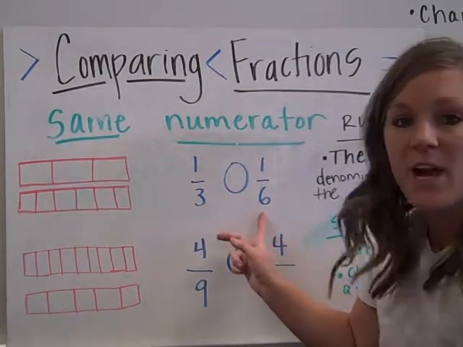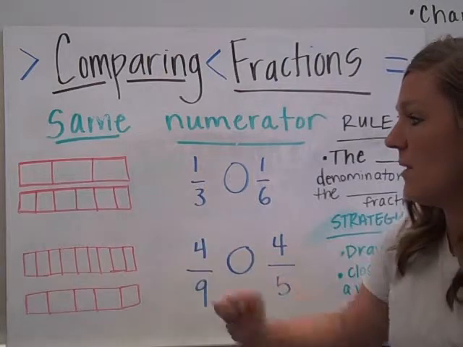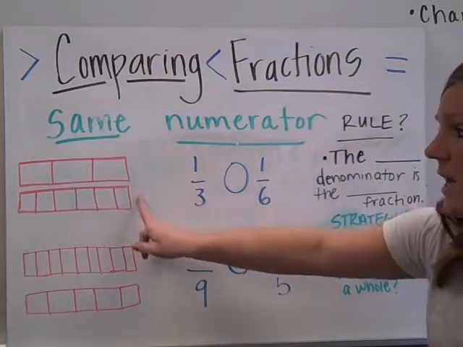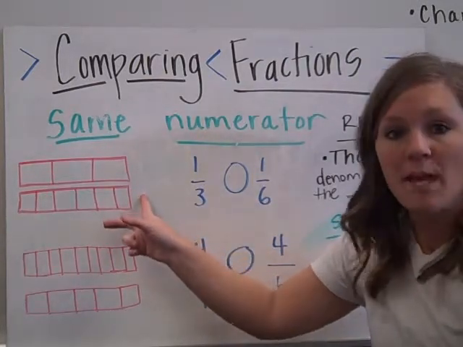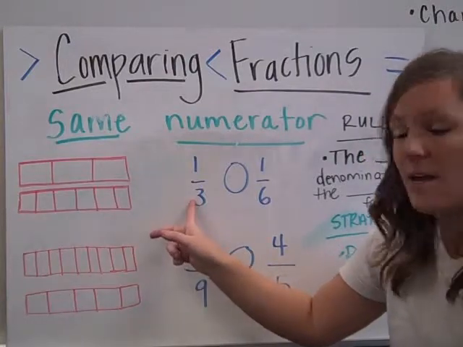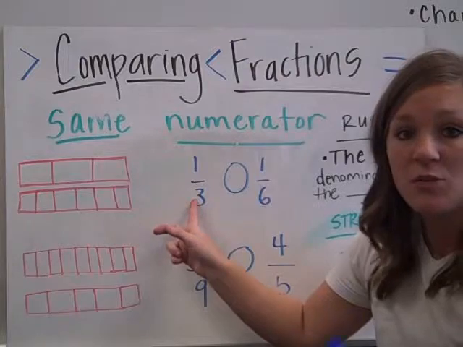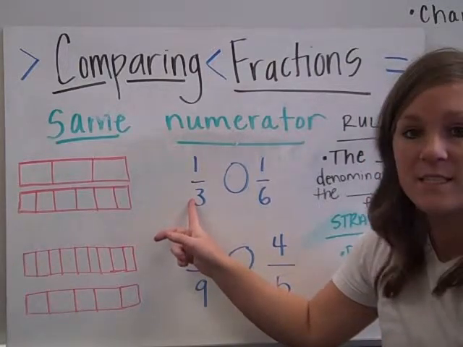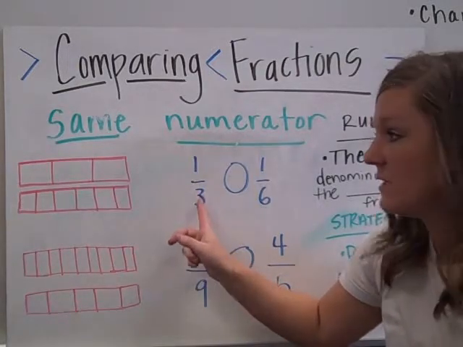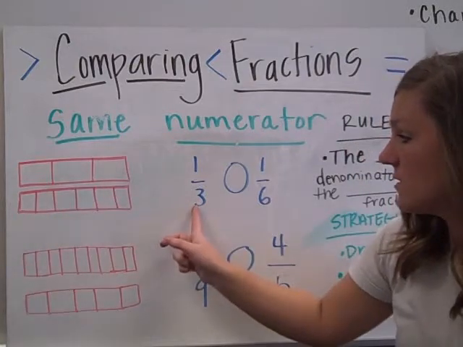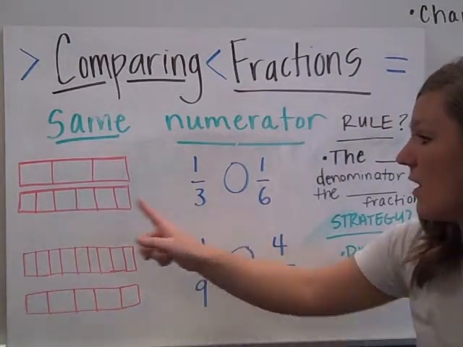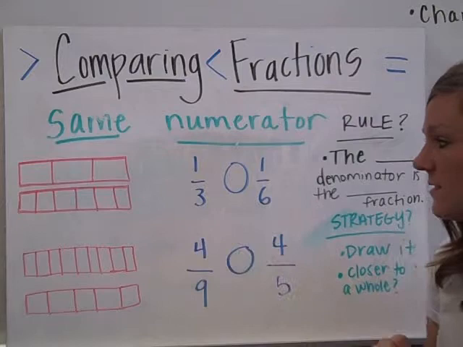So a great strategy, as always, is to draw the picture. So I have 1/3 and 1/6. I remind you of my rule. If you want to make a bar, a fractional piece of 3, you're going to draw two lines. You're going to draw one less line than what the denominator is. So draw 2 lines to get thirds, and we'll draw 5 lines to get sixths.